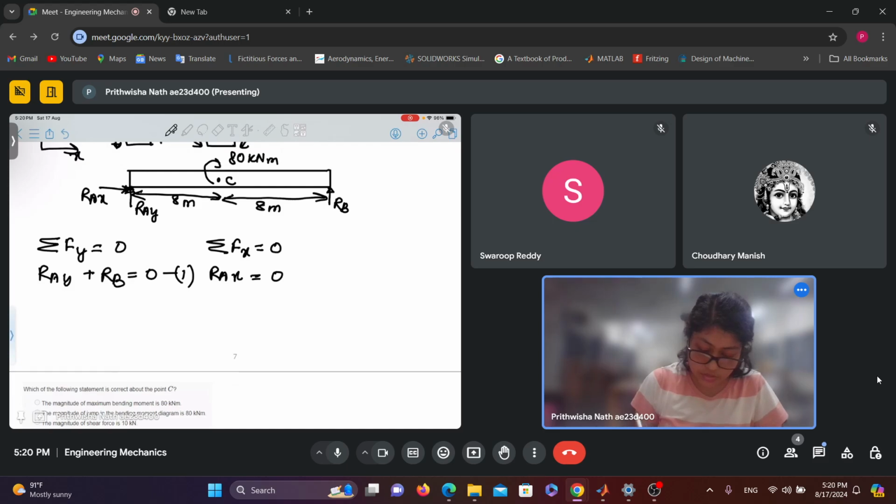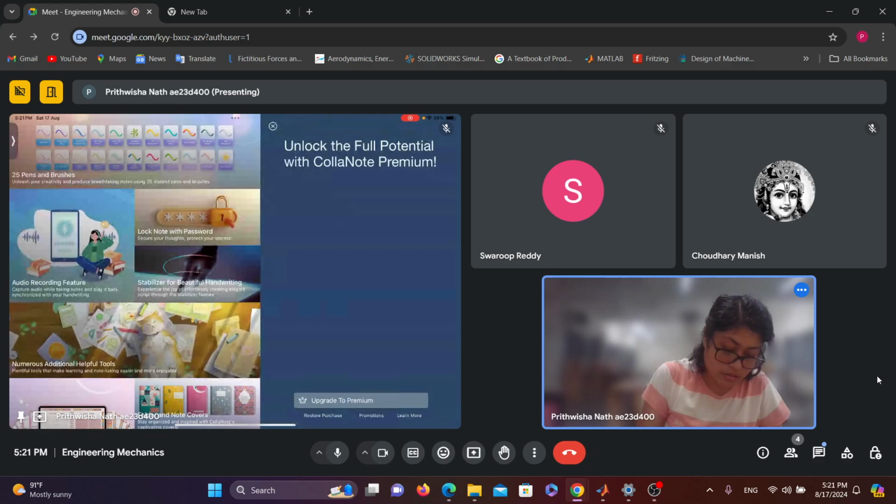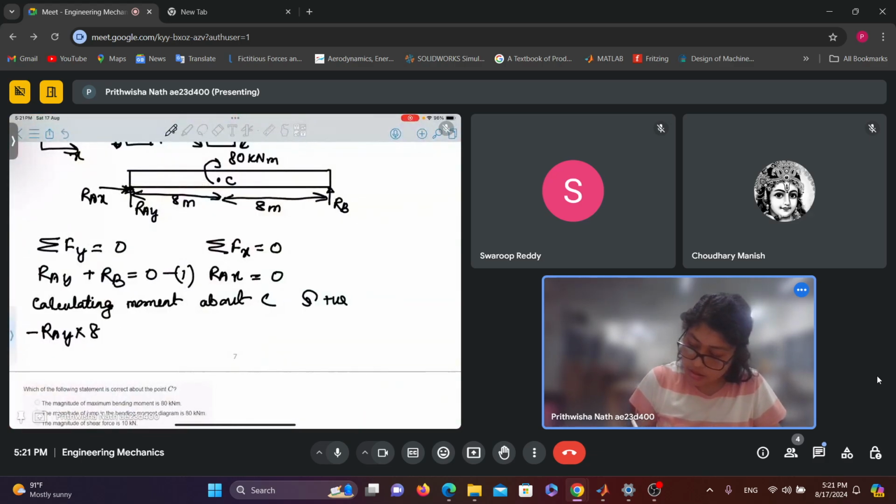Now we can calculate the moment about point C. So RAY is causing a positive moment, so minus RAY into 8 minus 8t.